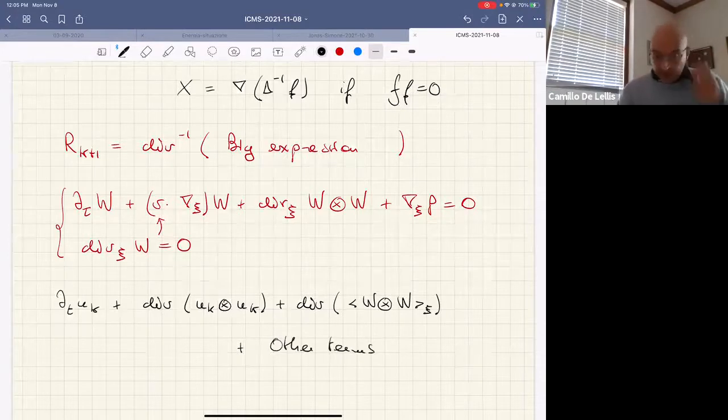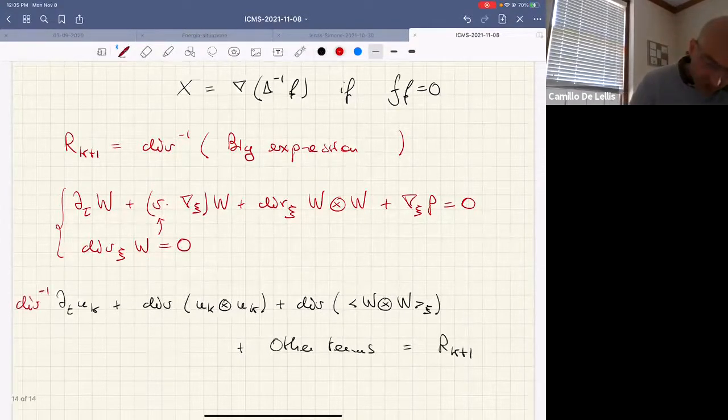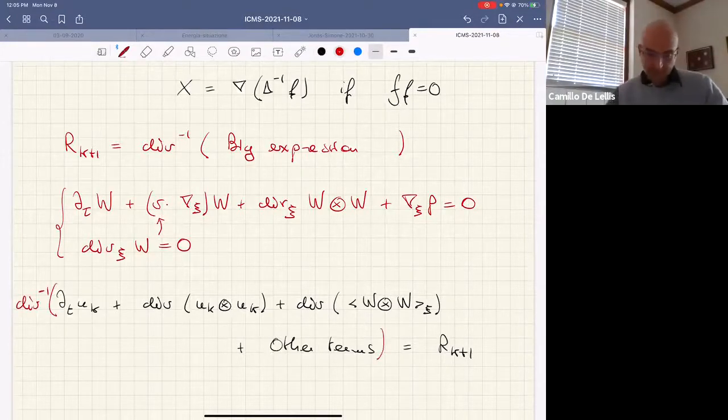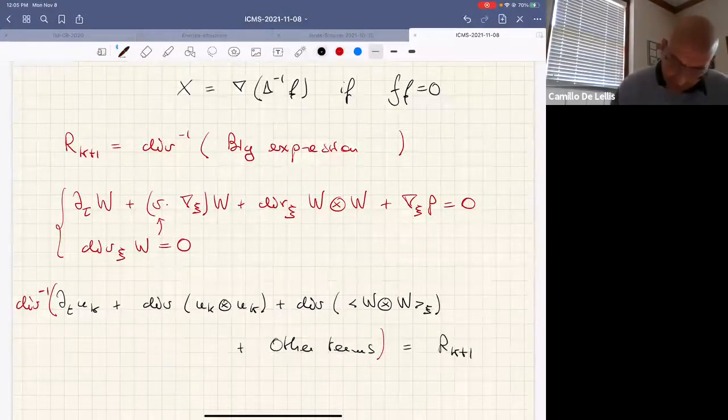Now what my R K plus 1 is going to be is a divergence inverse of these objects over here. And of course I have also gradient pk.